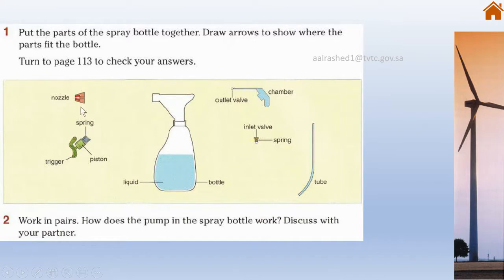We have something called a trigger. The trigger is used if you pull it towards you, then you allow the water to be released. You can see this trigger with guns. You want to fire, just simply pull it towards you, and then you allow the bullet to be released.